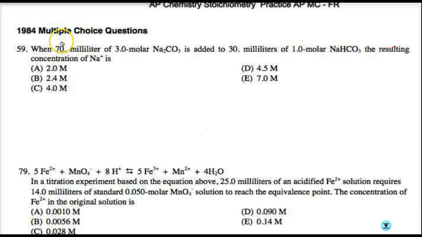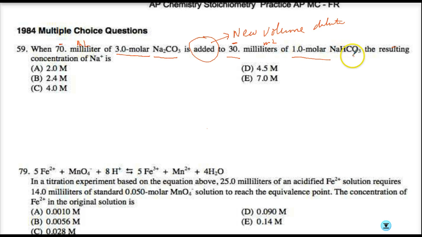Now, what does this dot mean? That period means this is significant. 70 milliliters of a 3 molar sodium carbonate is added, code for dilution, with a new volume, to 30, again that's significant, milliliters of a 1 molar solution of sodium bicarbonate.